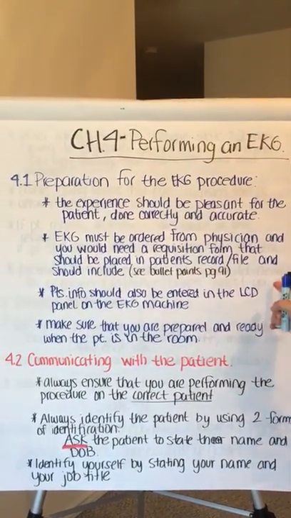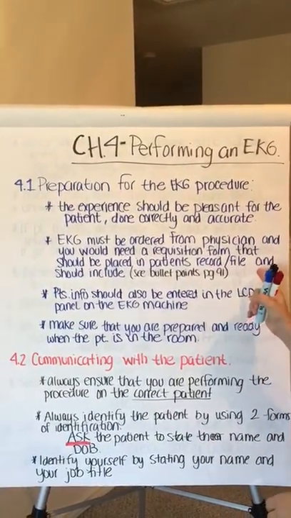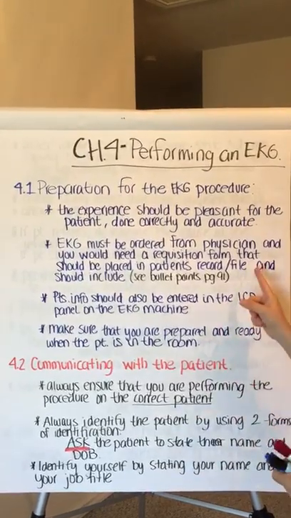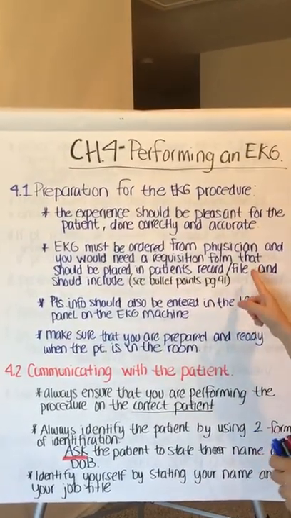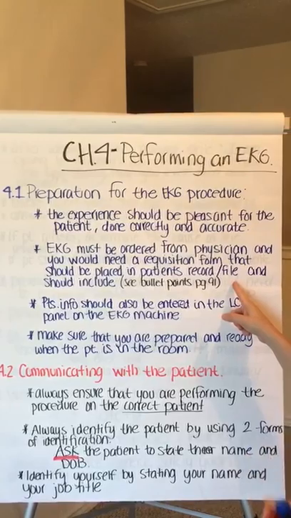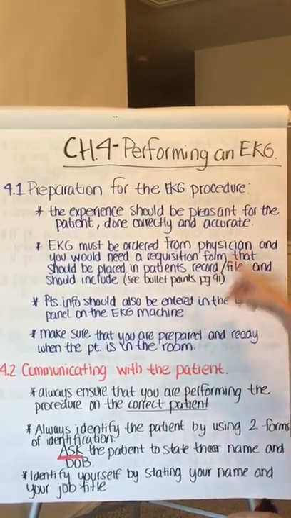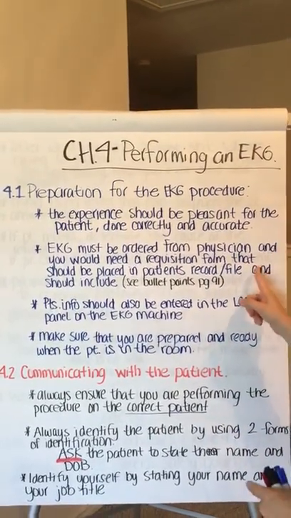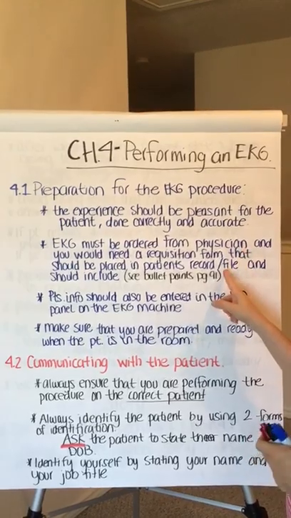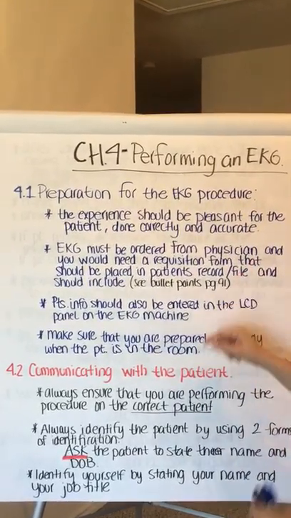So all that needs to be included in the patient's chart. It's very important that you get all those medications, because if they're taking any medication for blood pressure or for the heart, and the doctor diagnoses something else, that can counteract with the medications.